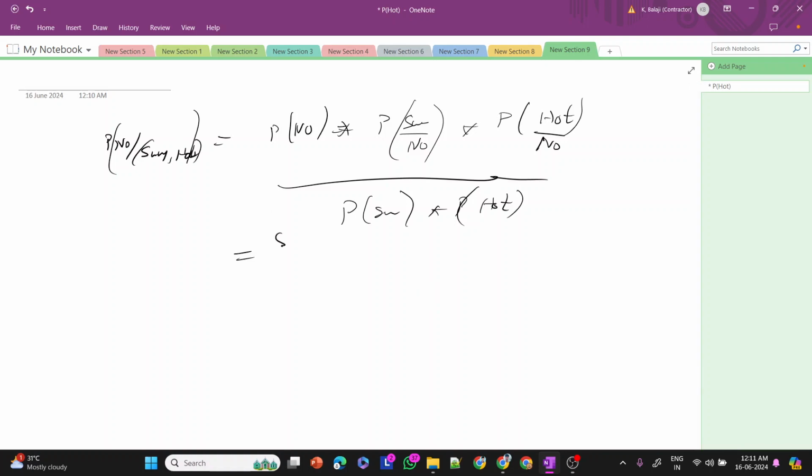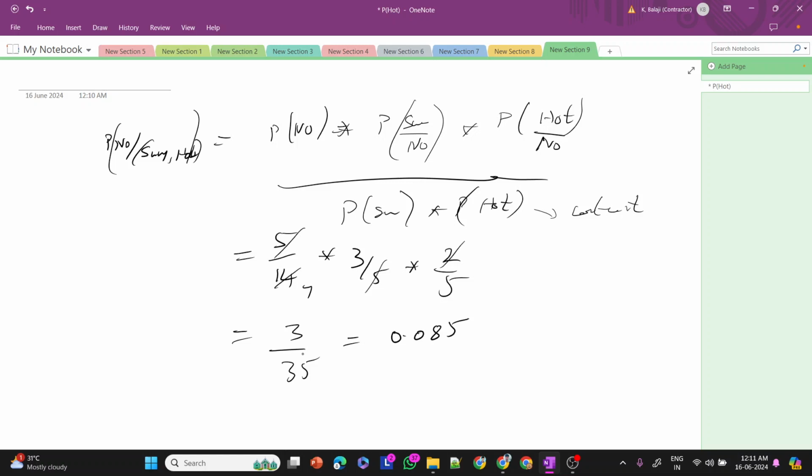After putting in the values which we have already calculated, the probability of no is 5 by 14, the probability of sunny when he does not play the game is 3 by 5, and the probability of hot when he does not play the game is 2 by 5. The denominator is a constant value, so we can ignore that. After cancelling, we get 3 by 35, which is 0.085.